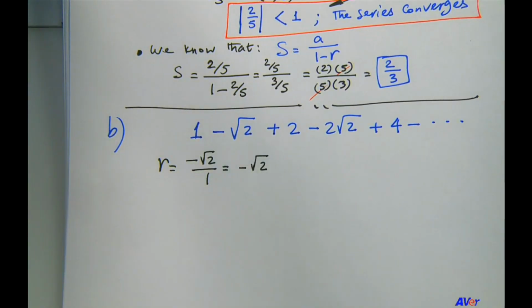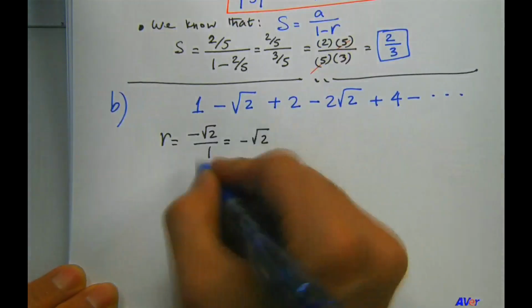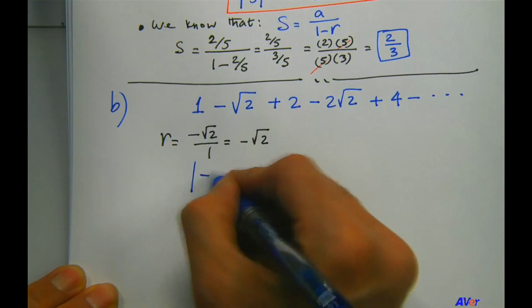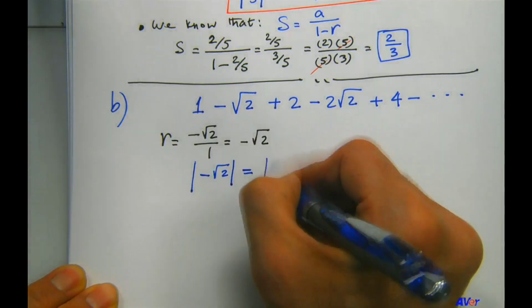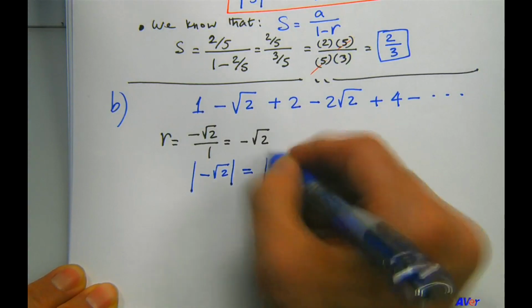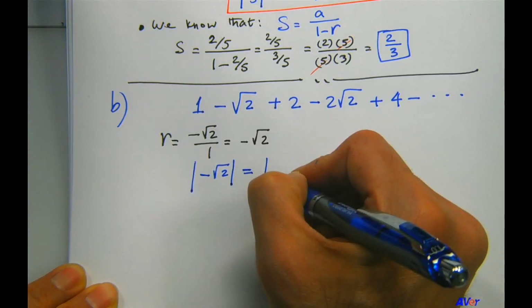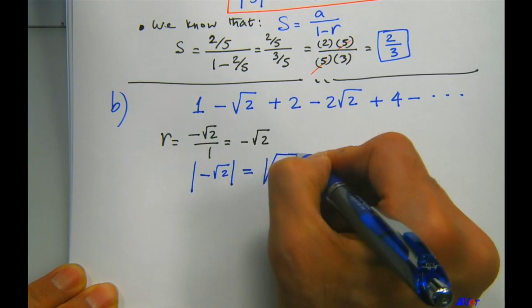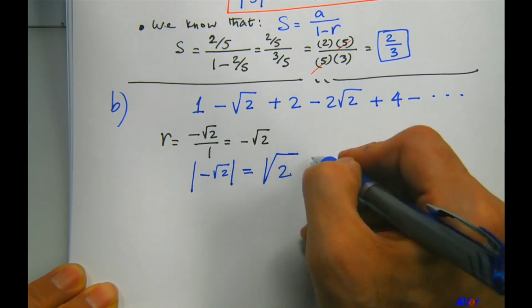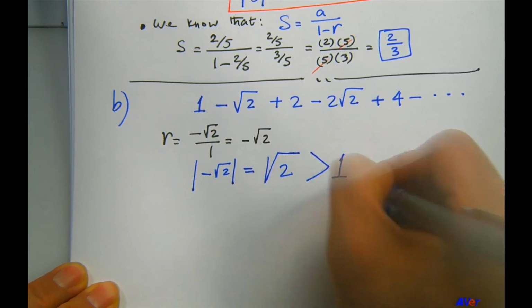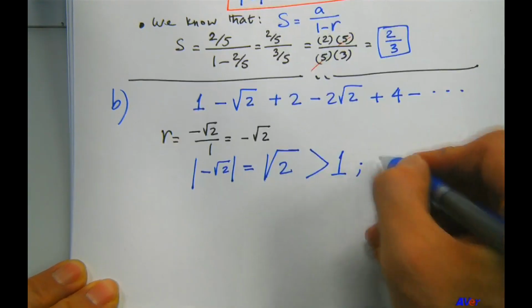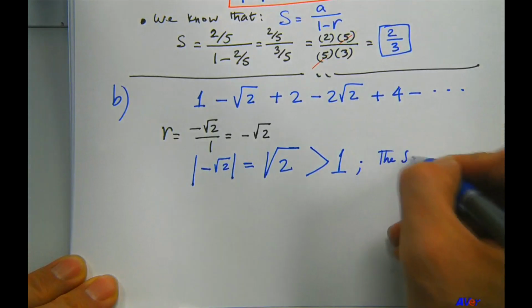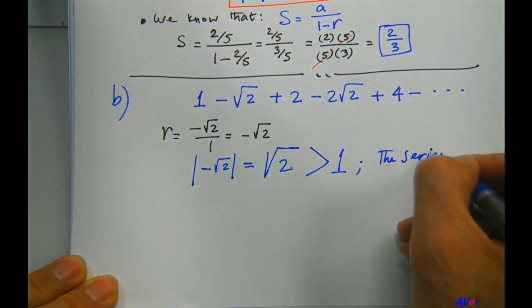Okay, so the absolute value of minus square root of 2 is equal to square root of 2, and that is greater than 1. That is greater than 1, so the series diverges.